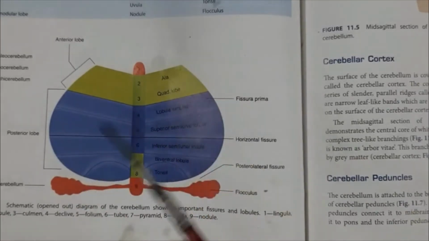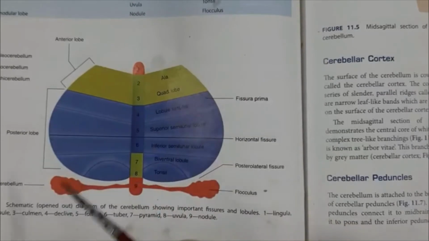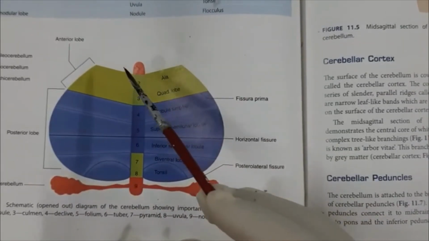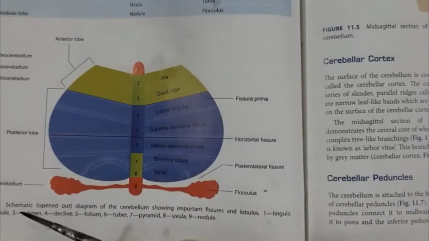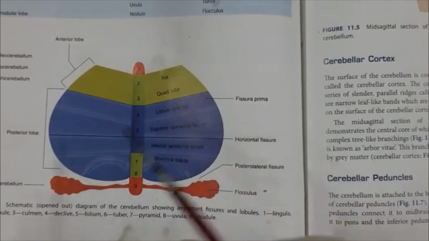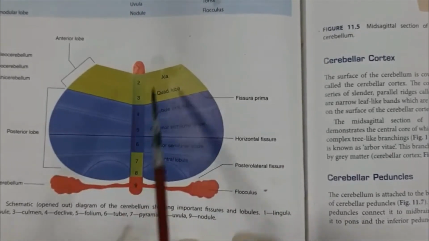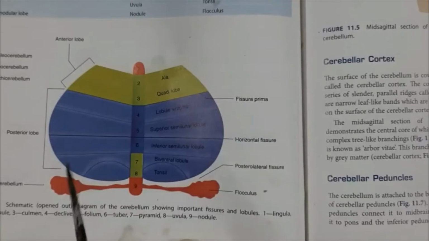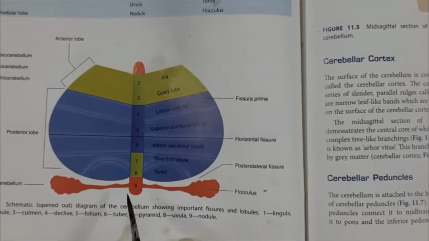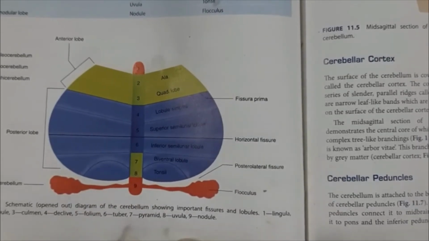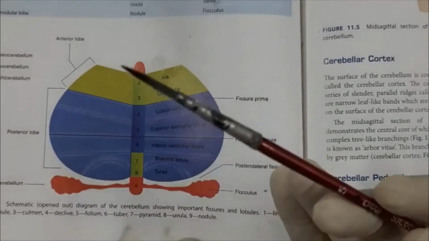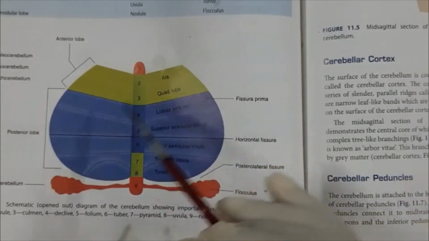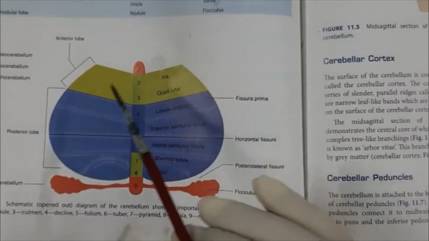These lobes and lobules can be classified phylogenetically into 3 different parts. Phylogenetically means based on evolution and function. They are the archicerebellum, the oldest part of the cerebellum, then the paleocerebellum, which is not very old, and then the neocerebellum, which is very new based on the evolution of the human cerebellum.